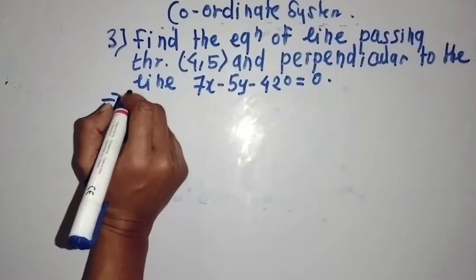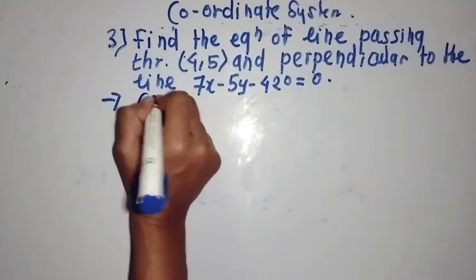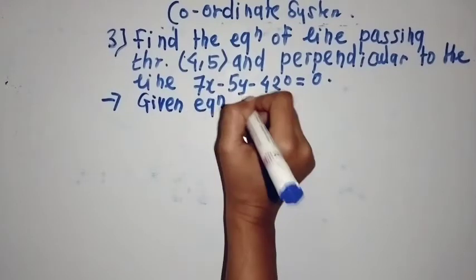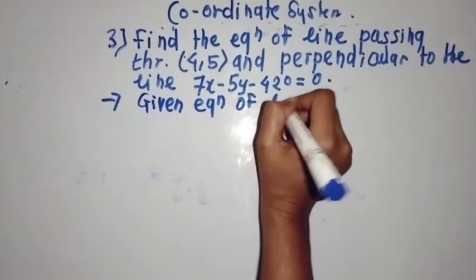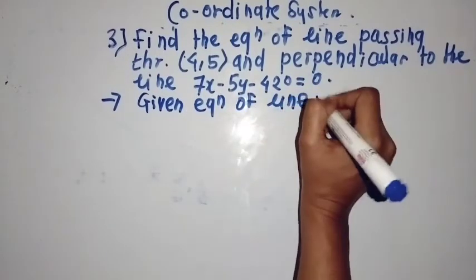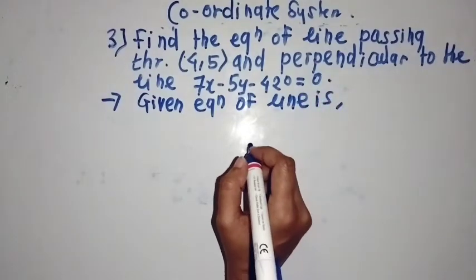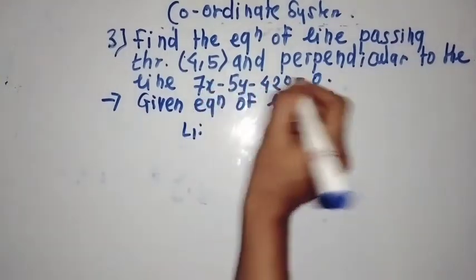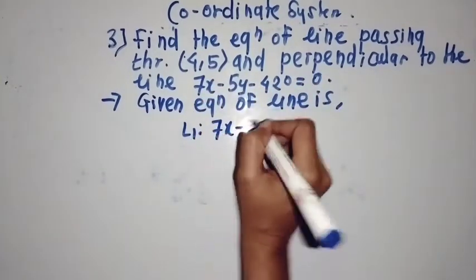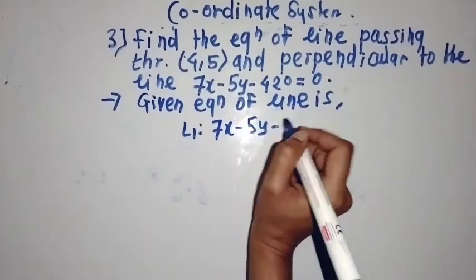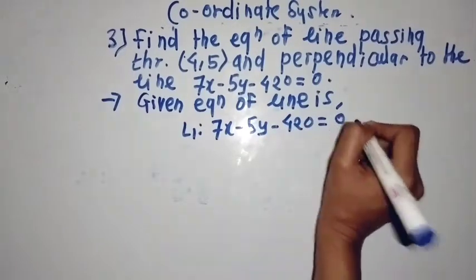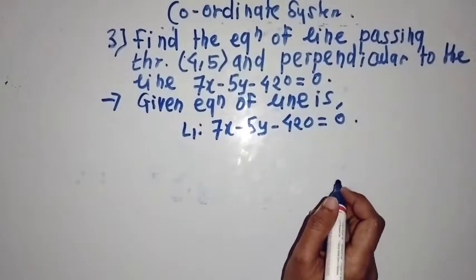So first, the given equation of line is L1: 7x minus 5y minus 420 is equal to 0.